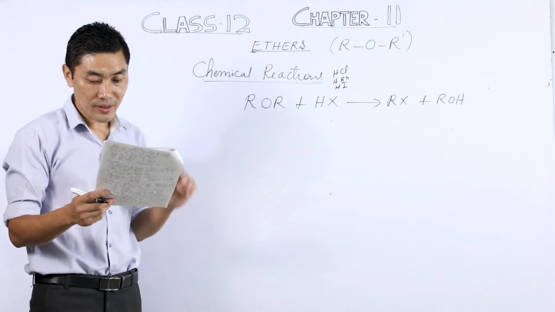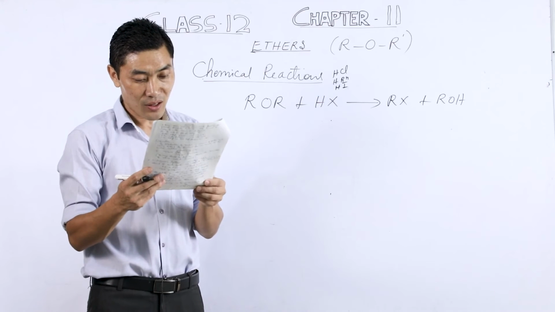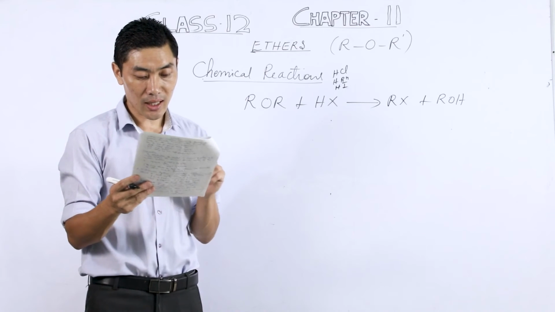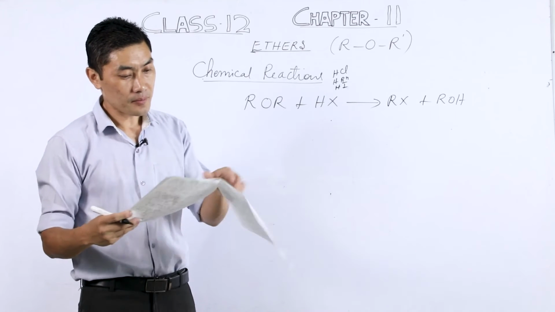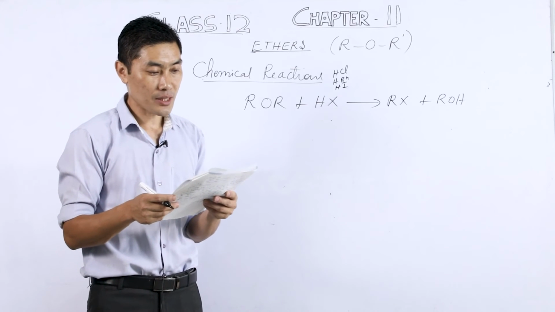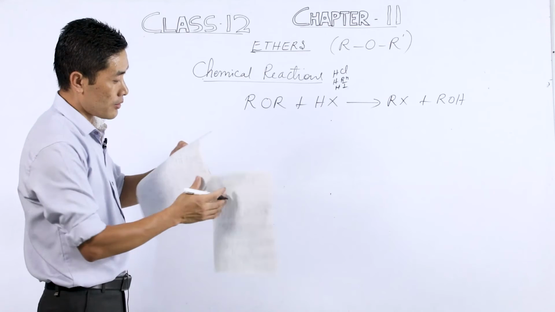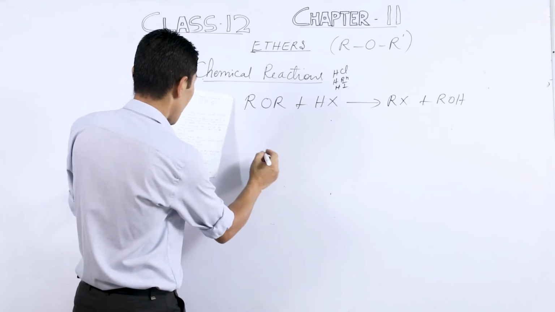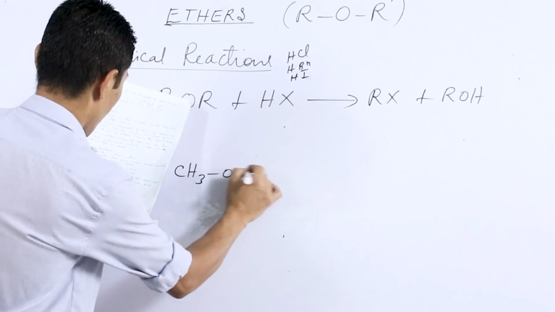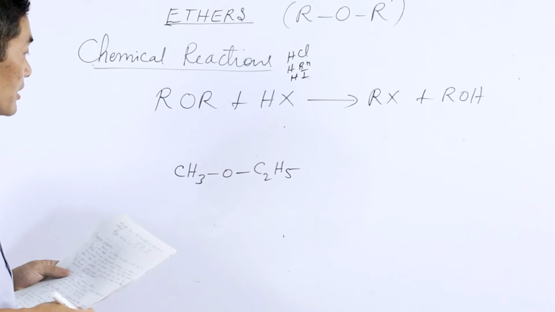Now, there is a very important point to remember regarding these reactions. In case of mixed ethers having primary or secondary alkyl groups, a haloalkane having the smaller alkyl group is formed. However, in the case of ether containing a tertiary alkyl group, the halide formed is a tertiary halide. So let us try to understand it with these examples. If we have primary or secondary alkyl groups attached to the ether group, suppose CH3OC2H5, both of these are primary alkyls.